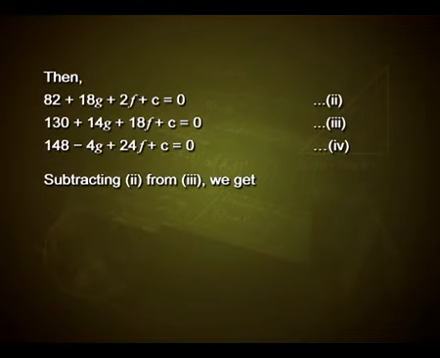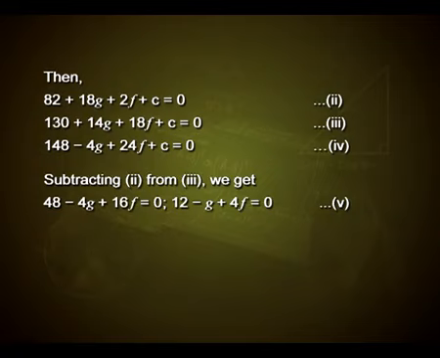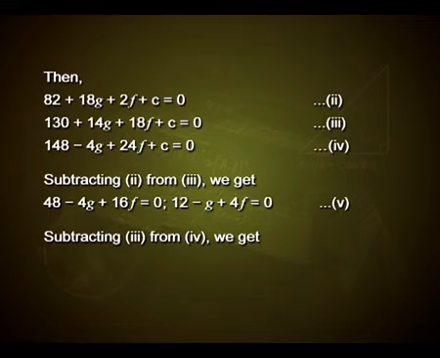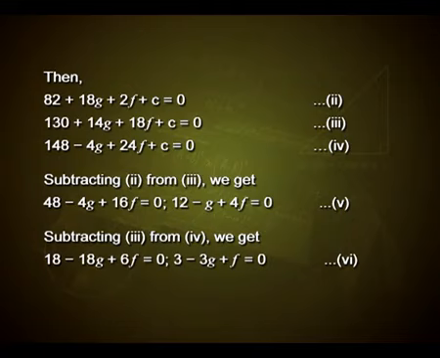On subtracting second equation from third equation, we get 48 − 4g + 16f = 0, and 12 − g + 4f = 0 on simplification, which is equation number 5. Now, subtracting third equation from fourth, we obtain 18 − 18g + 6f = 0. We can see here 6 is a common factor and it can be reduced to 3 − 3g + f = 0. This is our equation number 6.